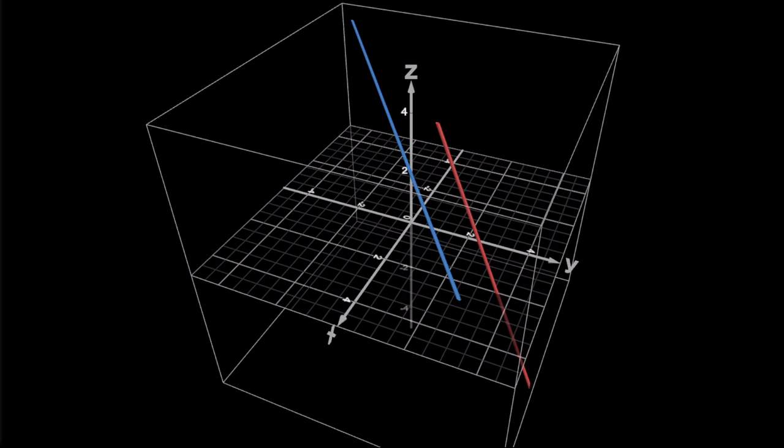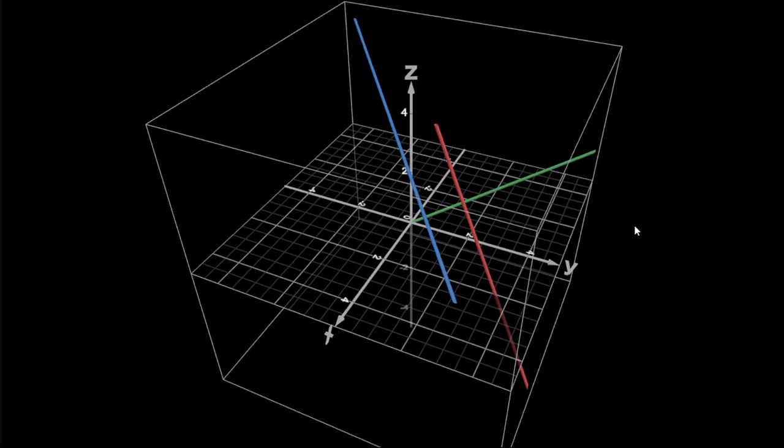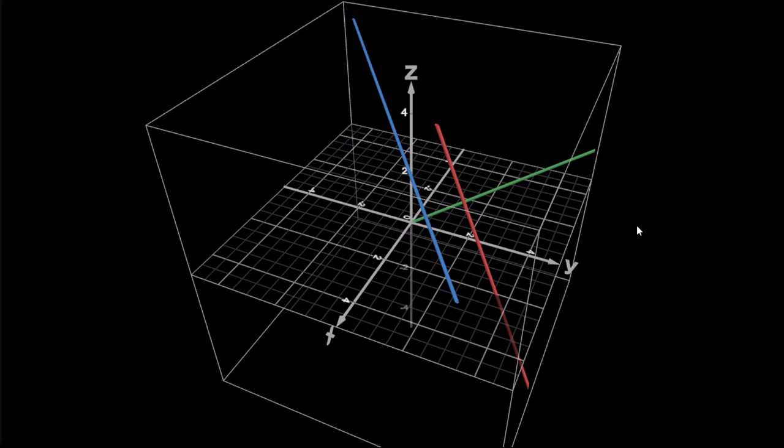So those lines appear to be parallel from one particular perspective. And this becomes even more obvious if I introduce the normal vector, or the vector that's normal to both the red and the blue line there. Because we can see there that the green line is perpendicular to the blue and perpendicular to the red. So from one perspective, those two lines, the red and the blue, are parallel. If you're still not convinced, I'm going to introduce two planes here, a red and a blue plane.